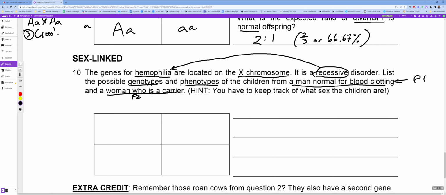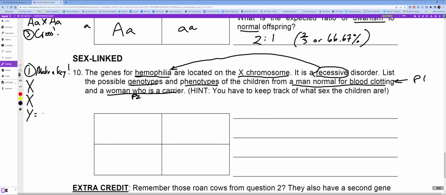Okay. Are you guys ready? Step 1. Make a key. I'm going to use X's and Y's, and I'll tell you why. Because we are dealing with sex chromosomes. So this is located on the X chromosome.